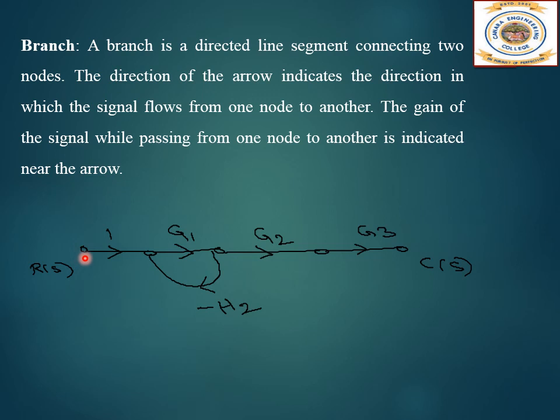Here, I can write the nodes if needed: say this is x1, this is x2, this is node x3. What are the branches here? Each connects two nodes. R of s to x1 is one branch, x1 to x2 is another branch, and so on. All these are called branches. We have the arrows also, marking the direction of the signal flow.